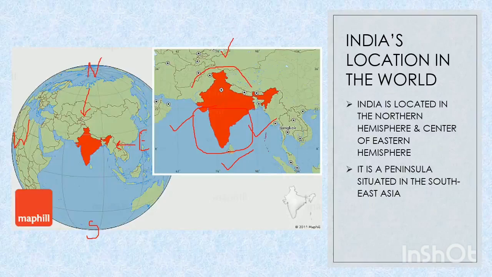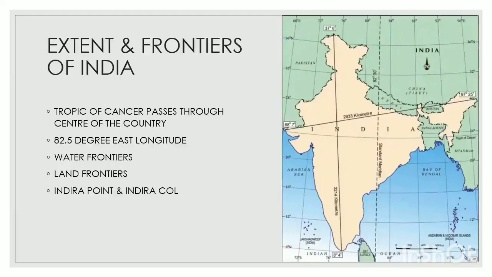Next, we are going to study the extent and frontiers of India. When you study the entire globe, about Earth, in the previous class we studied latitude and longitude lines. One is the latitude line, one is the longitude line. What are latitude lines? When you see the entire globe, you can see dotted lines running from east to west.